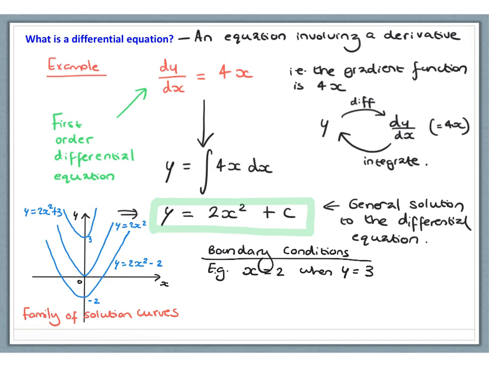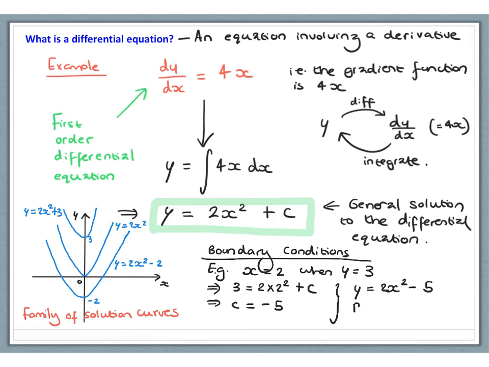And what we can do is substitute these into our general solution, which gives us 3 = 2 × 2² + c, and from there we can calculate that c is equal to -5. This then allows us to be more specific about our solution, and we can say that y = 2x² - 5.